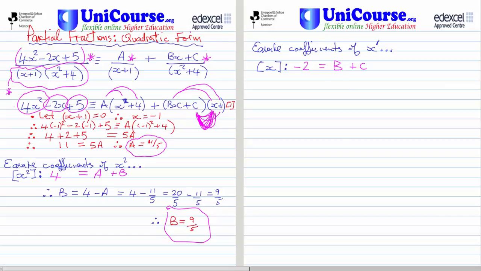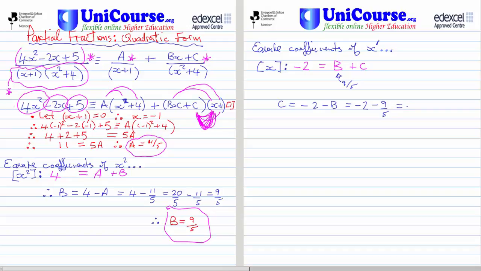Now, we already know what b is. We've already determined that to be 9 over 5, so therefore we can find c. So c equals minus 2 minus b, which is minus 2 minus 9 over 5. We express the 2 as something over 5, it would be handy.